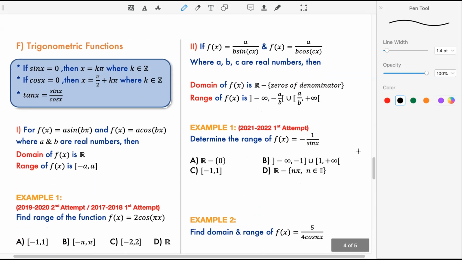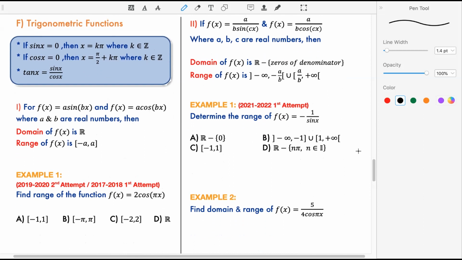Another rule, another function, trigonometric functions this time. Before we study the domain and range of trigonometric functions, let's remember some important things: their x and y intercepts. What are the x-intercepts of the sine function? You equalize it to 0. When sine is equal to 0, the angle, the stuff written with sine, is k pi, where k is an integer.